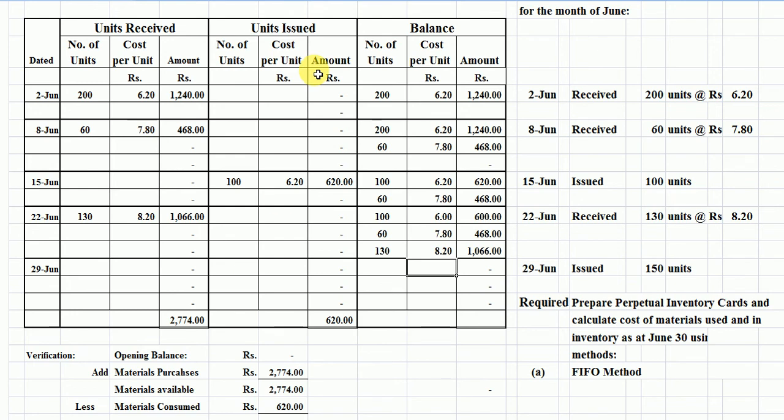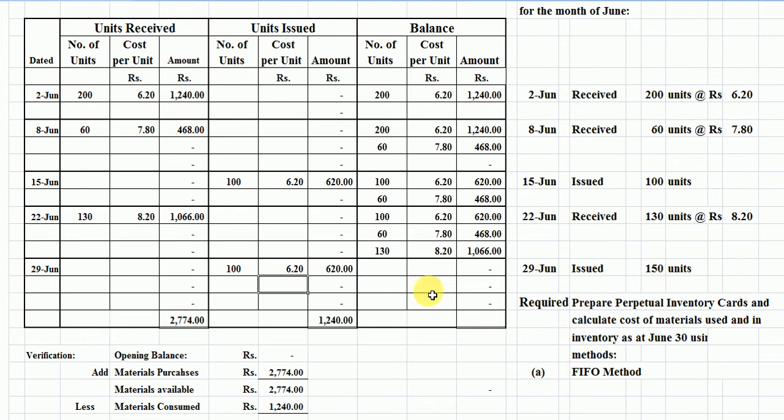Now we move to the units issued column: 150 units. Students, you are looking here. Our first lot is 100 units here, so we take 100 units at 6.20.